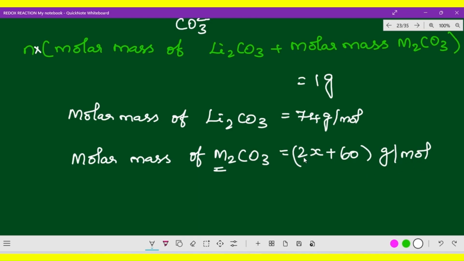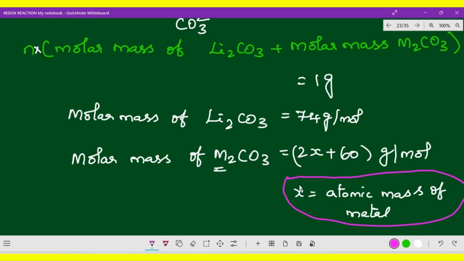Why did I mention 2X? Because here it is M2 and we don't know the atomic mass of X, so 2X. X is the atomic mass of the metal. Remember this point.